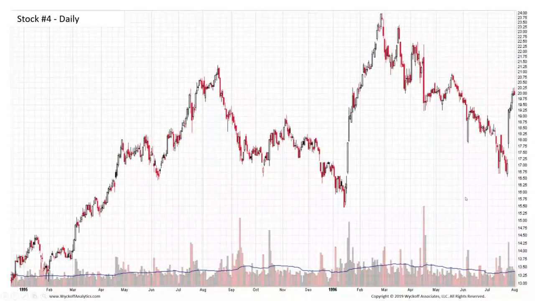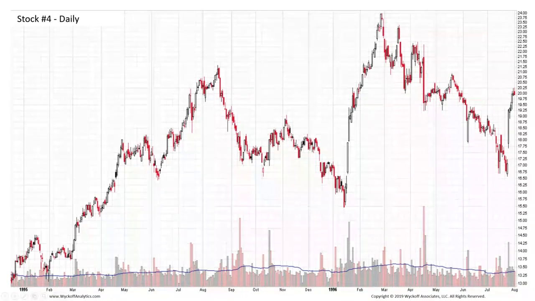Let's talk about stock number 4. For those of you who have picked stock number 4, give me the reasons why you think that this stock is going to outperform. This one is very interesting. Why would it outperform?